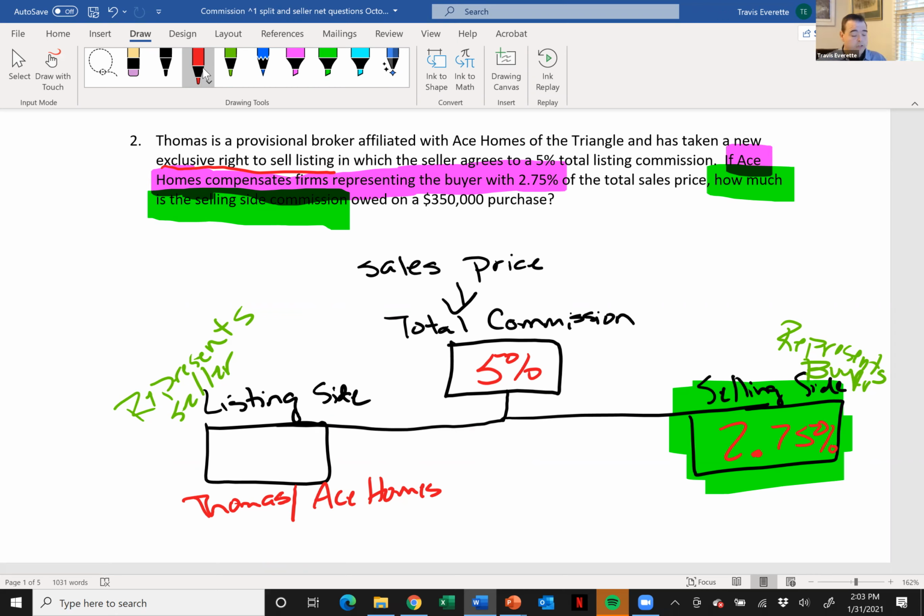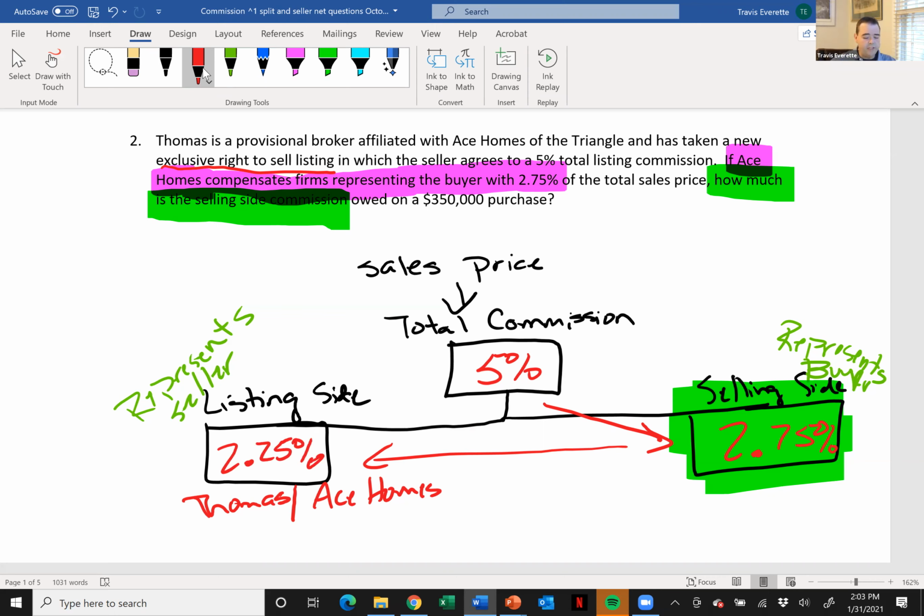Now, just basic math, I'm going to fill it in. I want to see the whole picture as much as I can. That 2.75 came out of the 5, so quick math here, I must have 2.25 over here on the listing side. Now, remind myself which one they asked for. They asked me for the selling side, which is right here.